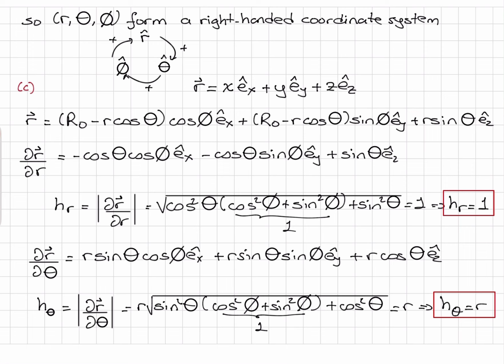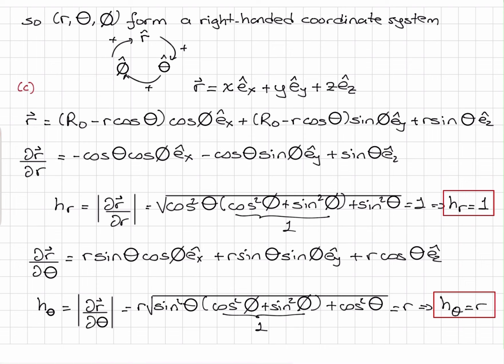This operation gives me for the scale factor r 1, because for the partial derivative here I don't have any r, and the square root of cosine squared theta cosine squared phi plus cosine squared theta sine squared phi plus sine squared theta, cosine squared theta parentheses, this is 1, and the square root of cosine squared plus sine squared is once again 1.